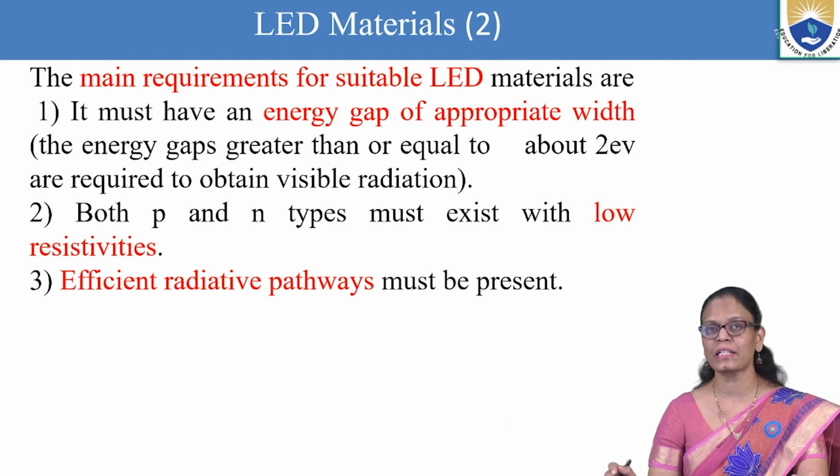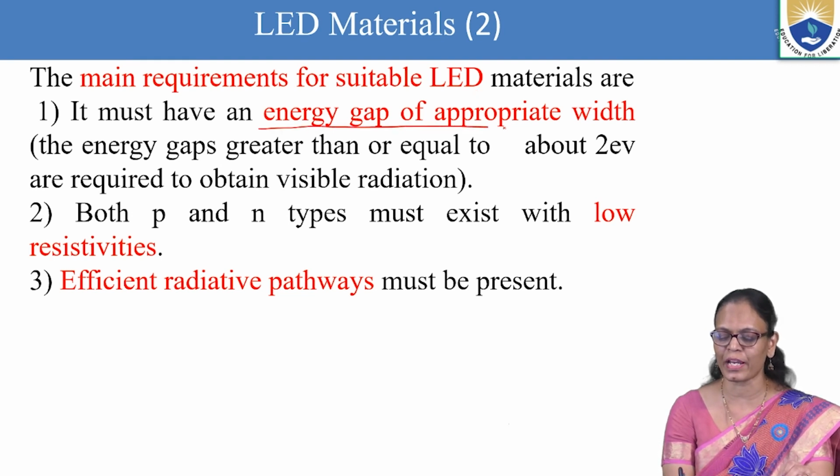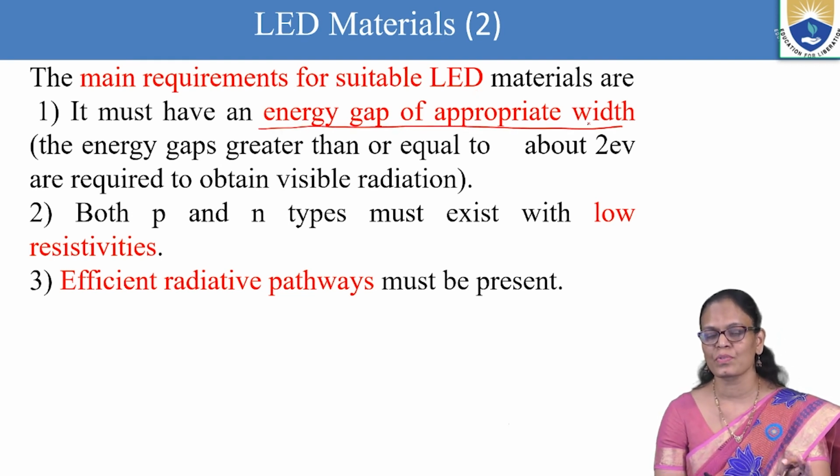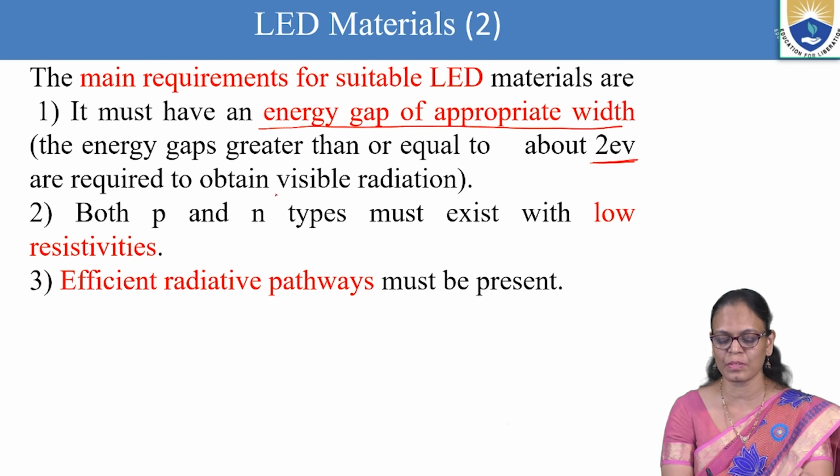Now coming to the materials. Whenever we are choosing the materials, the main requirement for suitable LED materials is that they should have an appropriate energy gap. Energy gaps greater than or equal to 2 electron volt are required to get visible radiation.